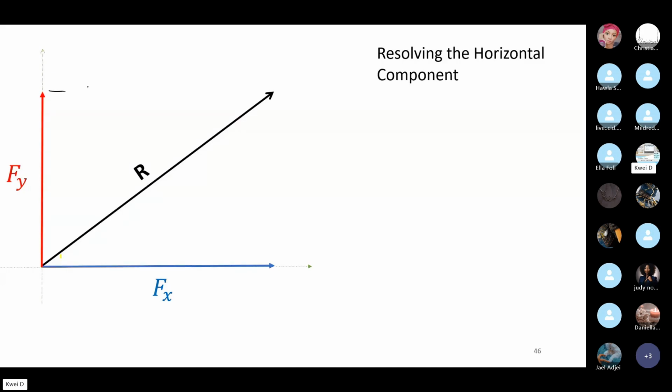So once again, if we put our right angle triangles in there, and then we also have over here like this, we can tell that clearly this is our Fx.